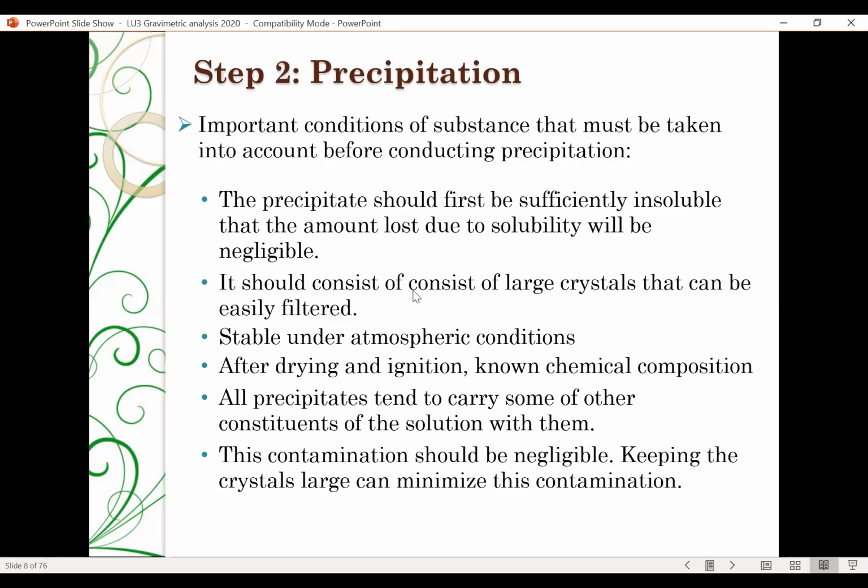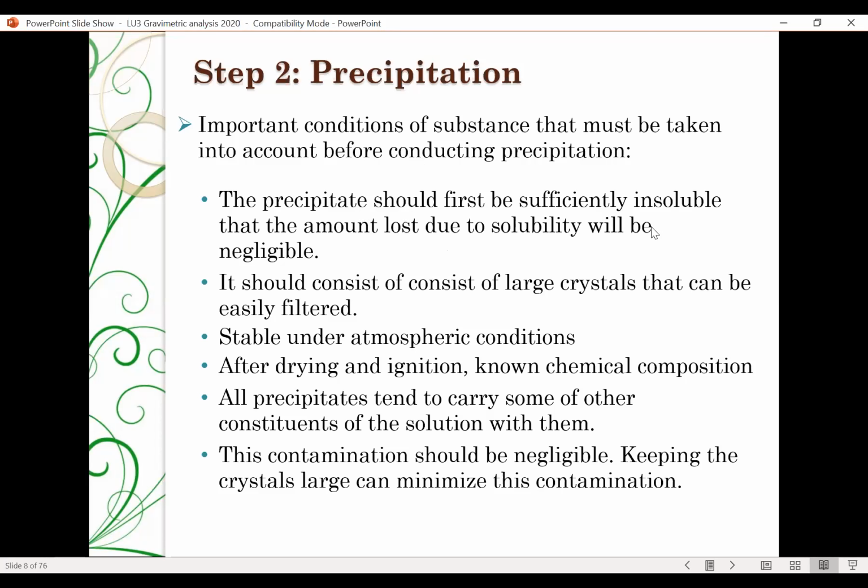The precipitate should first be sufficiently insoluble that the amount lost due to solubility will be negligible. This is what we have mentioned just now. We want the precipitate product to be insoluble.